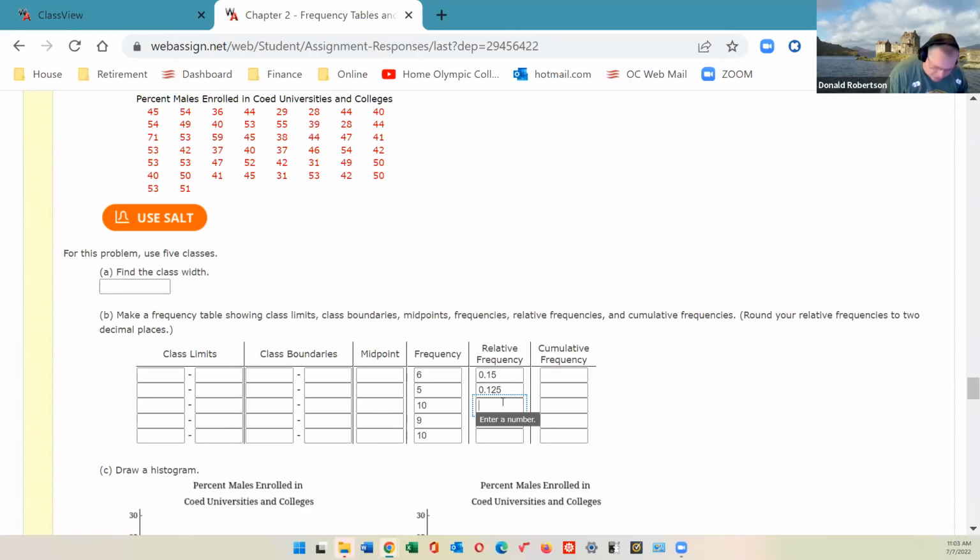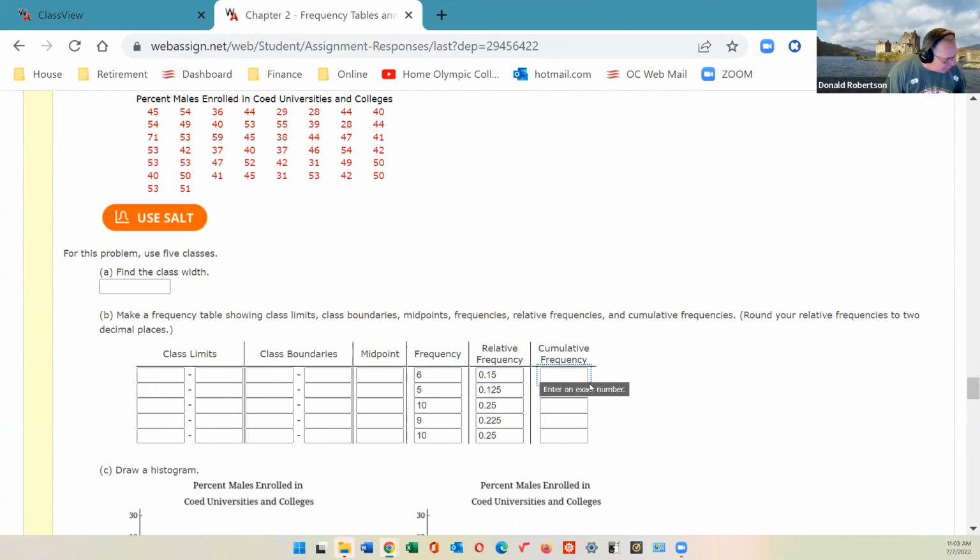And then 10 gets you 0.25. That 10 also gets you 0.25. And 9 out of 40 gets you 0.225. So that's how you get relative frequency. You take the frequency and divide it by the total number, and I'm just pretending that there's 40 numbers there.